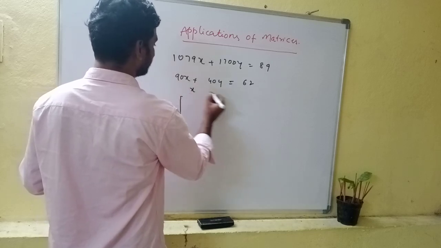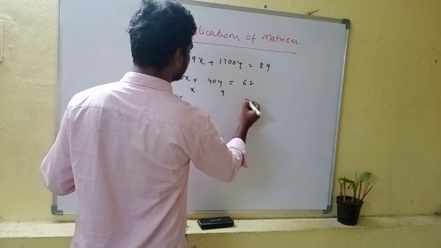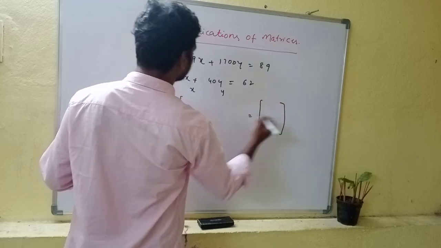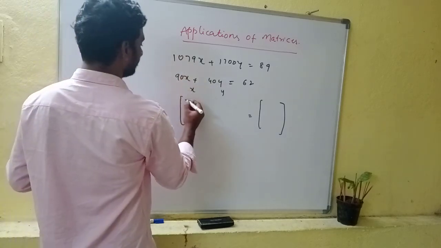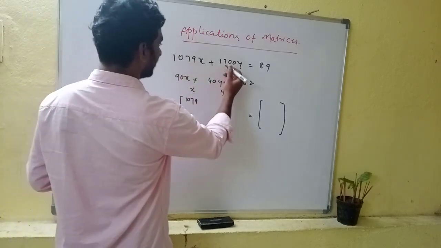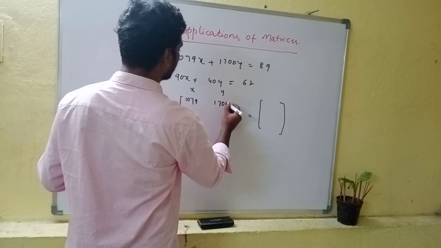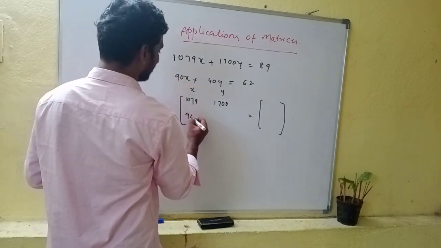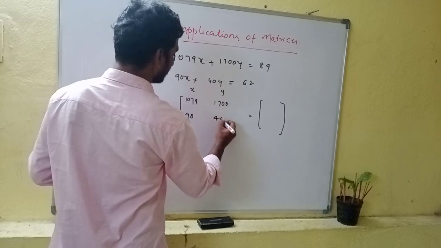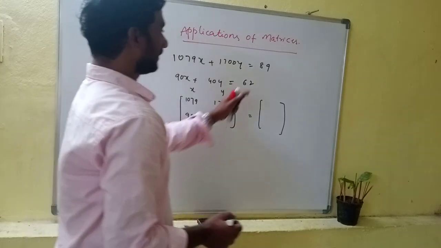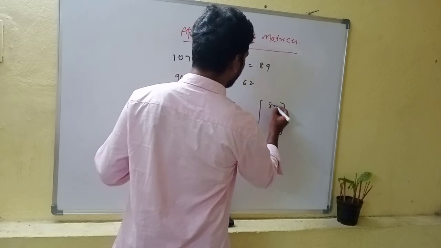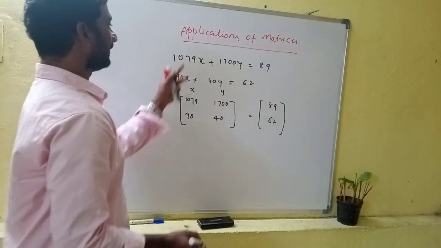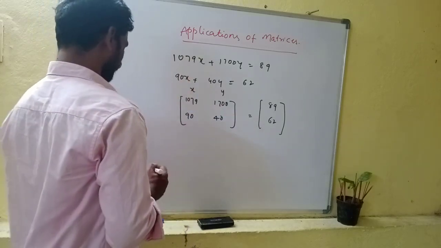Here I am taking the x terms, here the y terms, is equal to, and here the constant terms. The x terms are 1079 and 90. The y terms are 1100 and 40. I'm closing this, and I'm putting the constant terms 89 and 62. So this is how we can represent linear equations in matrix form.